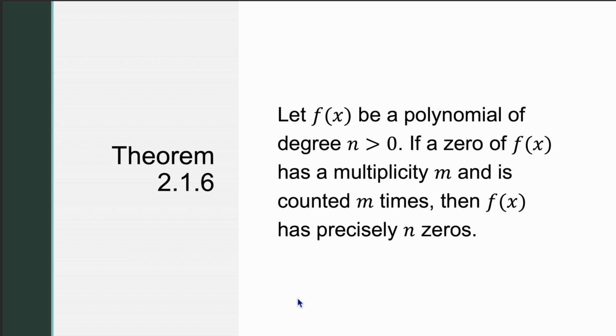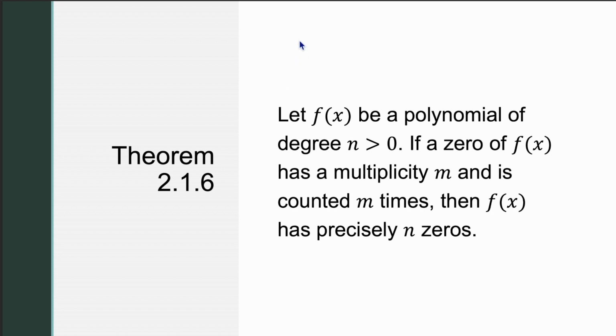So, theorem 2.1.6 states that let f of x be a polynomial of degree n greater than 0. If a zero of f of x has a multiplicity m and is counted m times, then f of x has precisely n zeros.